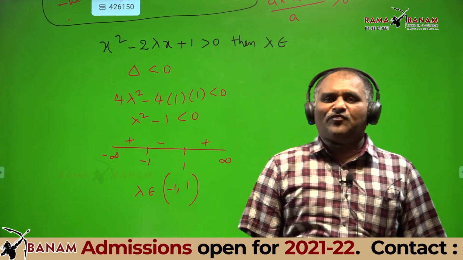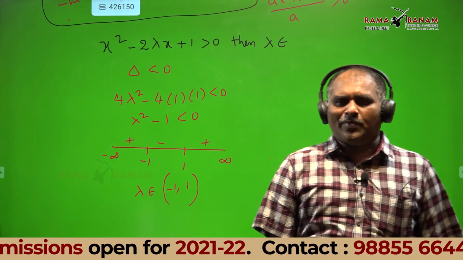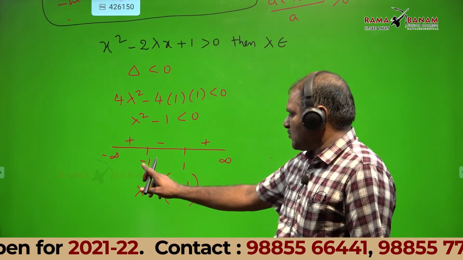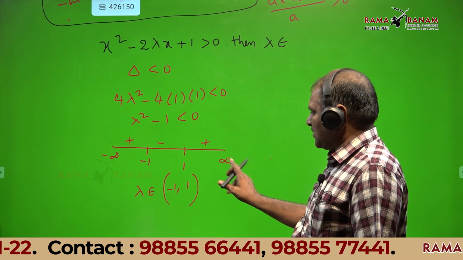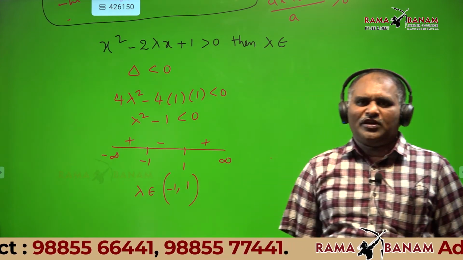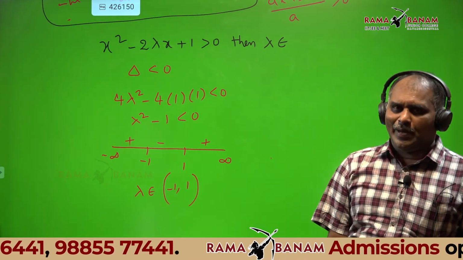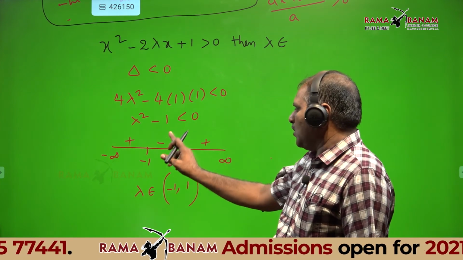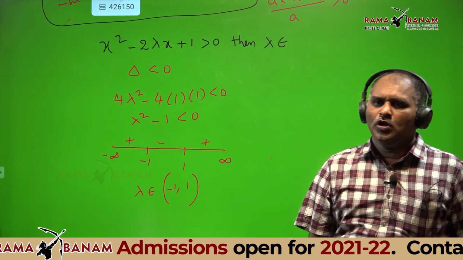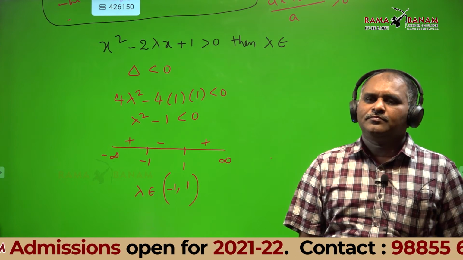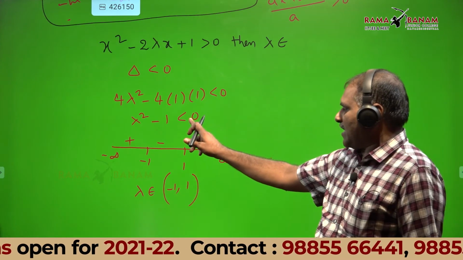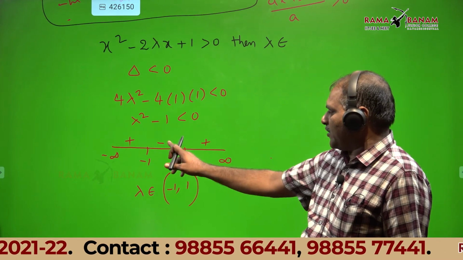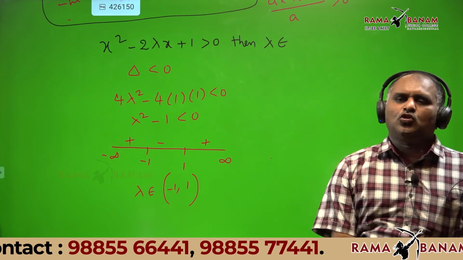What are the roots of the equation? Plus or minus 1. Minus 1, plus 1, plus infinity, minus infinity indicated on the number line. Positive, negative, positive. Do you understand? Yes, sir. But less than means negative sign. Negative where? Minus 1 to plus 1.